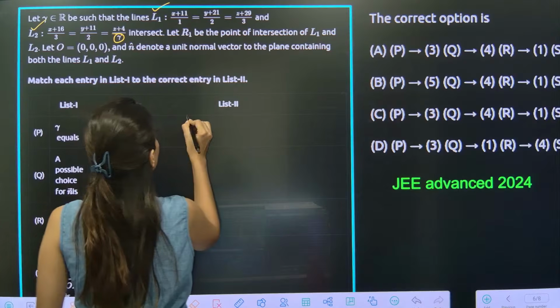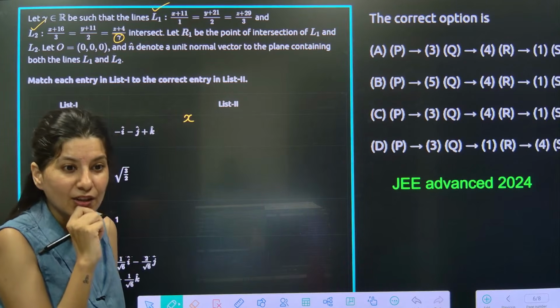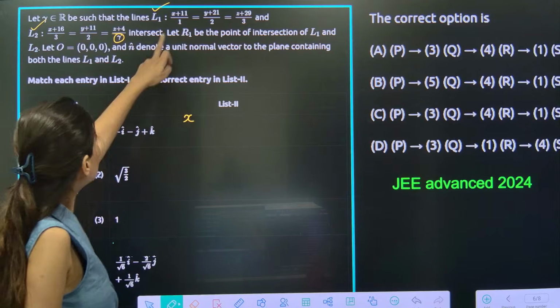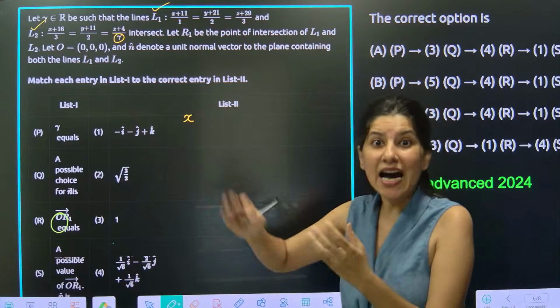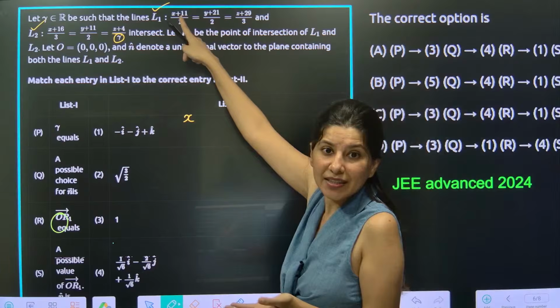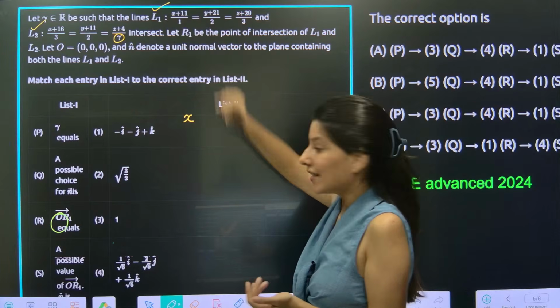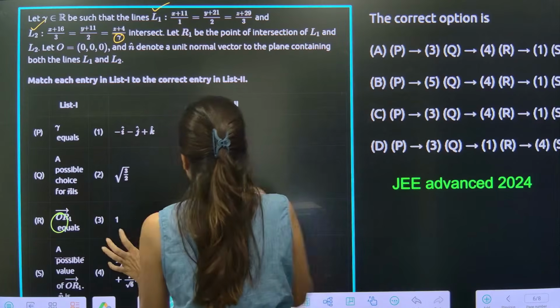So now line number 1 is x plus 11. The moment you see these two lines, this makes me realize that this is high on calculation. What is the point on this line? Can anybody tell me? See, shortest distance between two lines, I am equating it to 0.